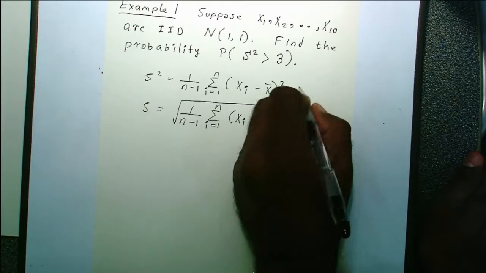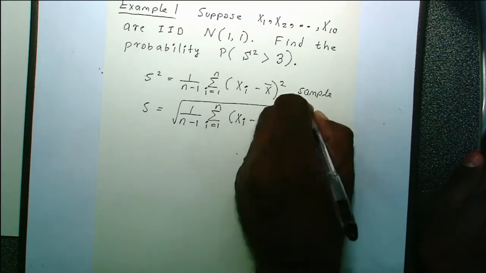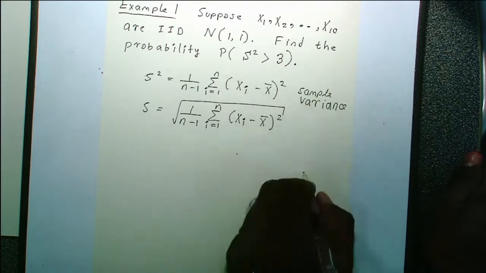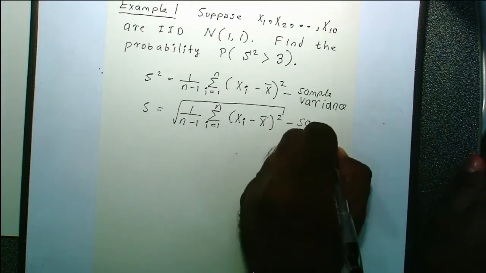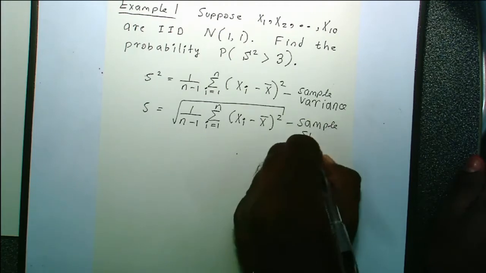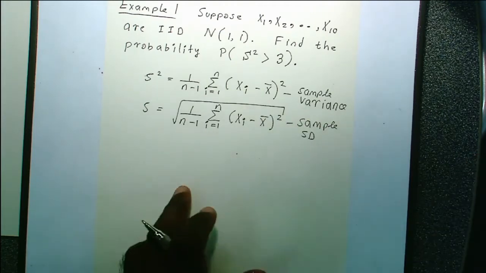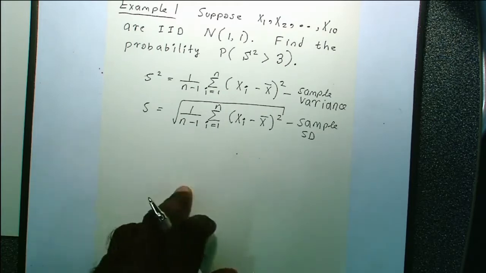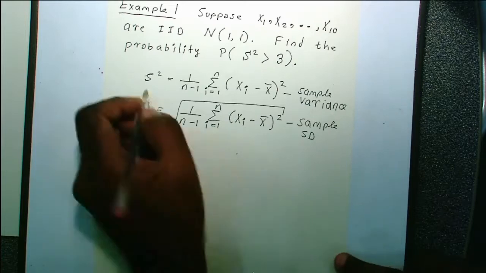This is the sample variance, and this one is the sample SD, right? Okay. So if you have written it incorrectly, please make sure that you do correct it. But I have corrected it already online in the scan notes.